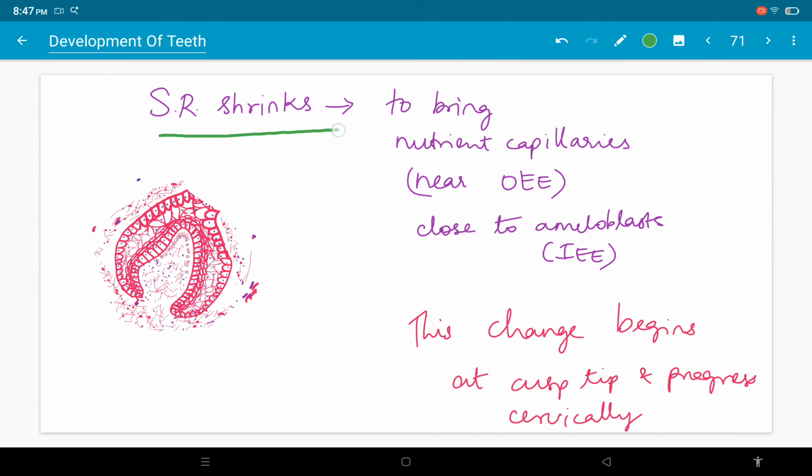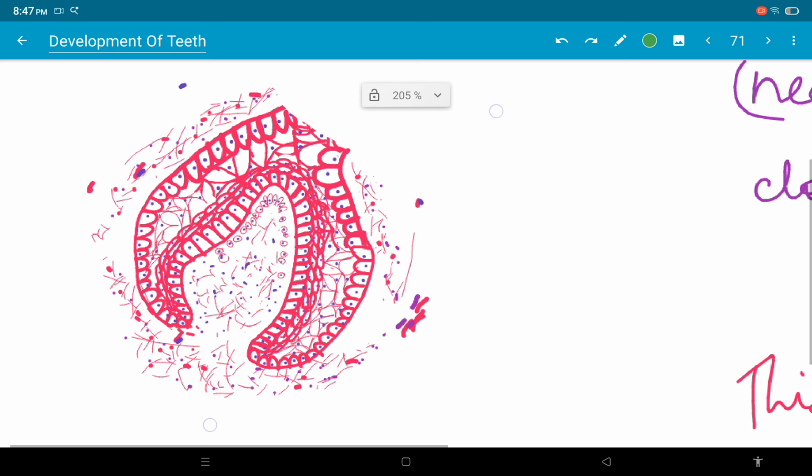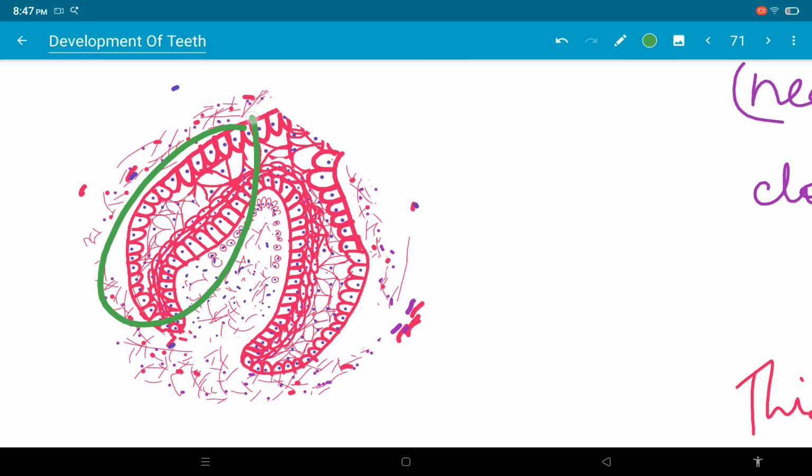Another reason for it to shrink is that till now the source of nutrients for these cells was the dental papilla. But once dentin and enamel start forming, they will mineralize. After mineralization, there is no way for the capillaries to provide nutrients to the outer enamel epithelium and the inner enamel epithelium. So the stellate reticulum shrinks.